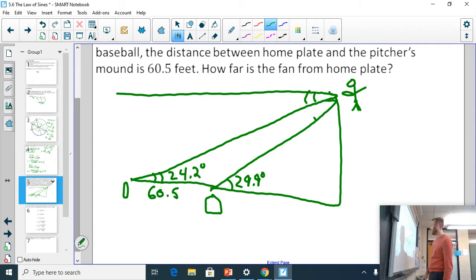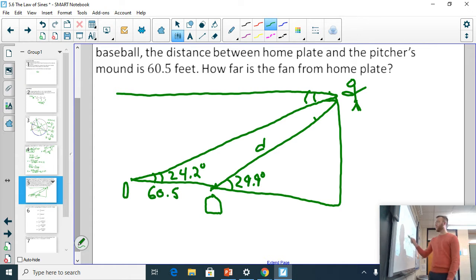But there it is. And what are we looking for? How far is the fan from home plate? So it's looking for this distance. I'll call it D for distance. The distance from home plate to the guy.